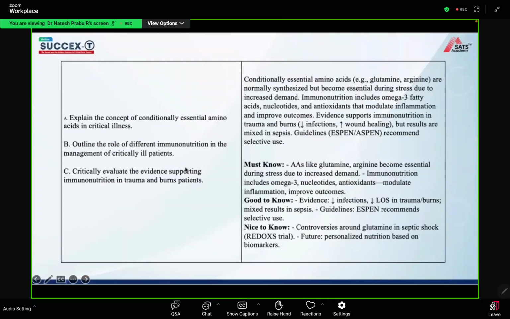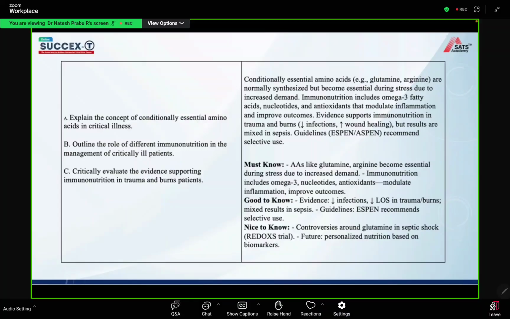So the current question is: explain the concept of conditionally essential amino acids, outline the role of different immunonutrition, and evaluate the evidence supporting immunonutrition. The must-know is amino acids like glutamine and arginine during stress, due to increased demand, and immunomodulatory amino acids and omega-3 fatty acids.